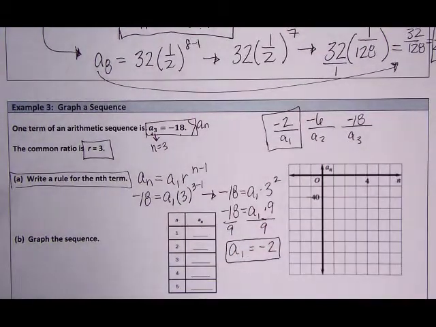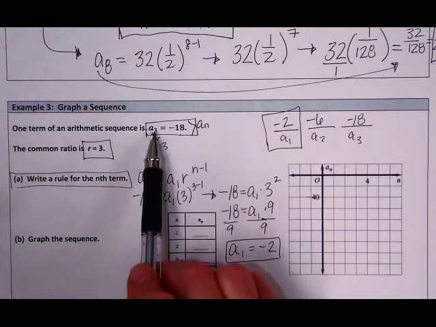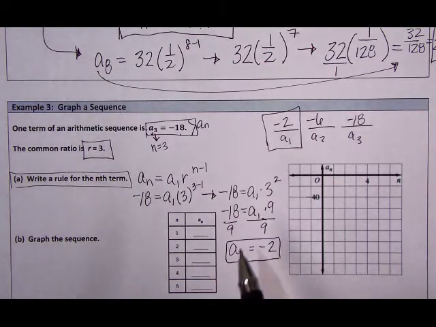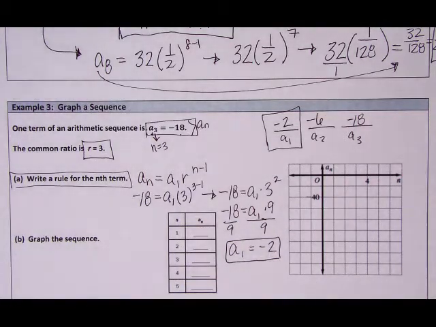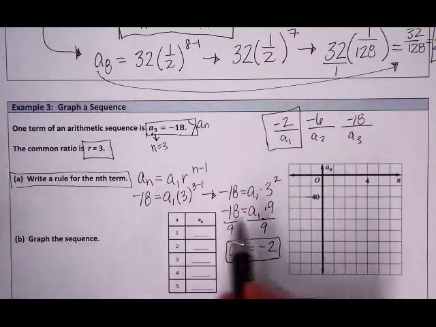So depending on what you're given, you can work yourself backwards if that makes more sense. If you're given a much bigger number at the very beginning, you may want to use your original rule for the geometric sequence to help find that first term. Now that I know what my first term is, I can go back to the letter A and write my generic rule. My generic rule is plugging it right into my generic formula.